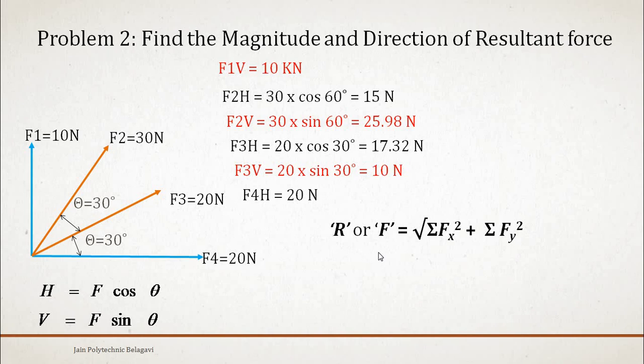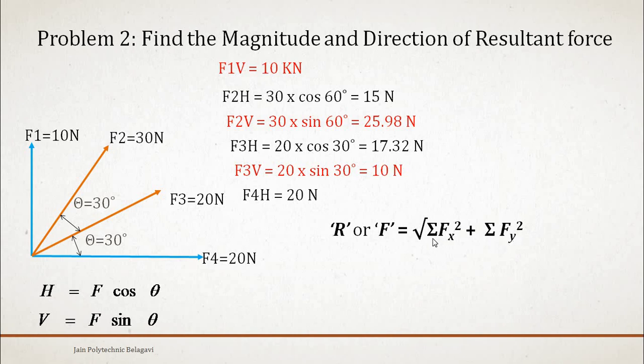So now, the resultant: how to find the magnitude of the resultant force. These are the components of all these forces. Using all these horizontal and vertical components, we have to find the magnitude. We know that the resultant is given by the square root of all the forces acting in the horizontal direction plus all the forces acting in the y direction.